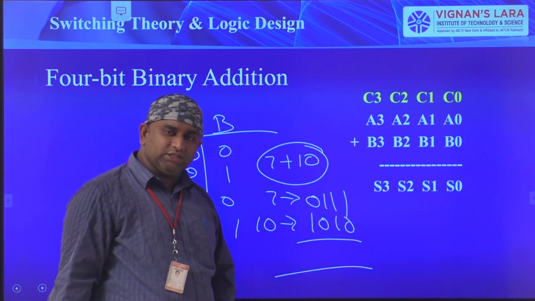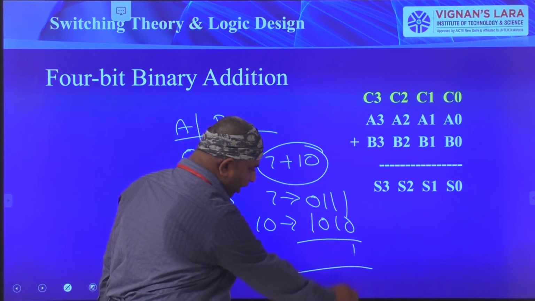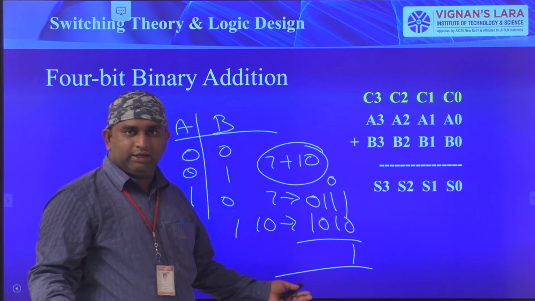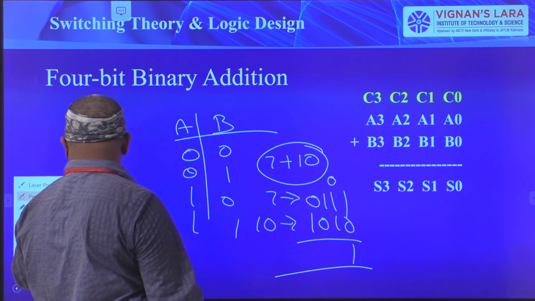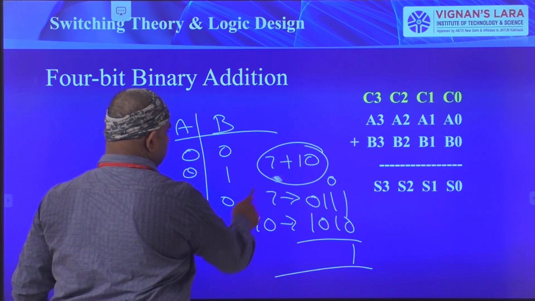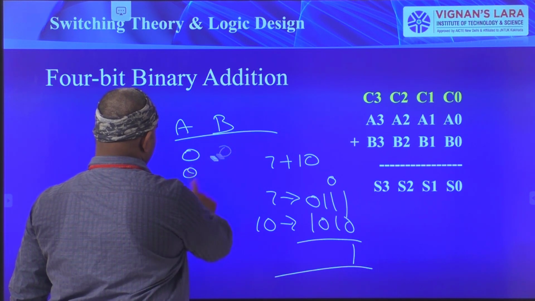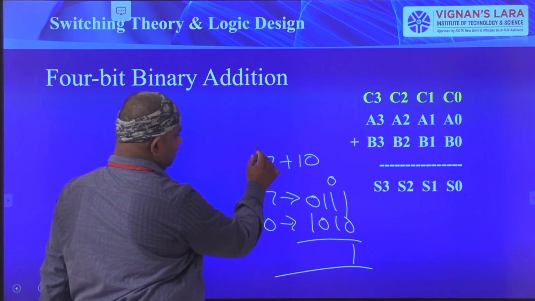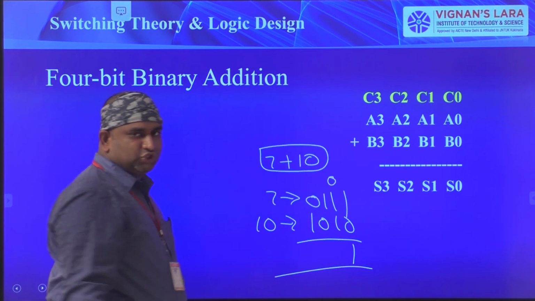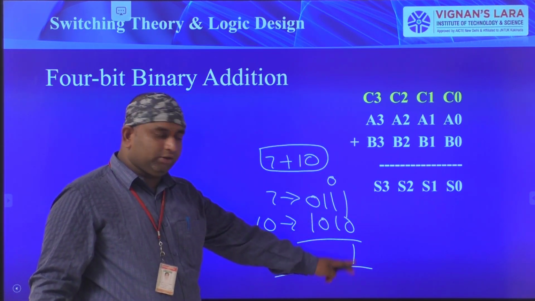1 plus 0, what is the value? 1 plus 0 is equal to 1. There is no carry. Here I am writing the carries. So here our operation is 7 plus 10. Now 1 plus 0 is 1, no carry.